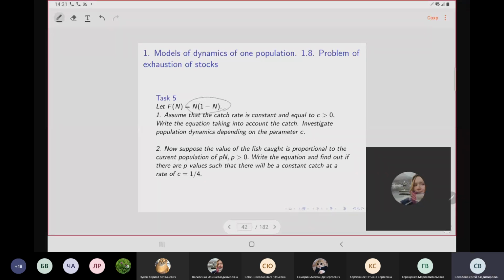First with this catch and second with this one, and find out that the optimal catch is 1/4.